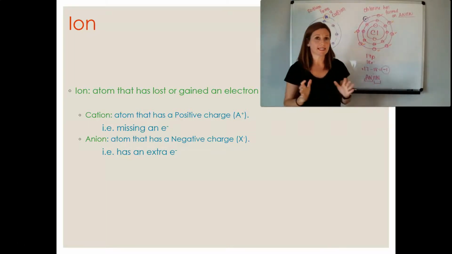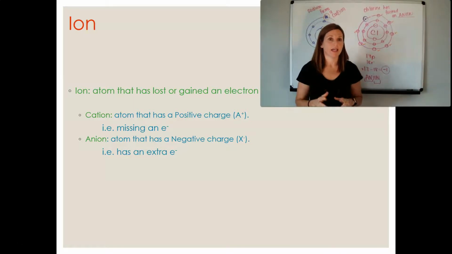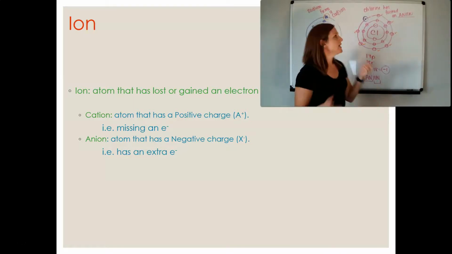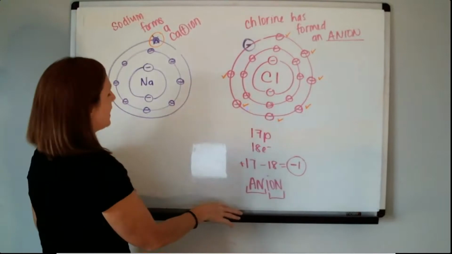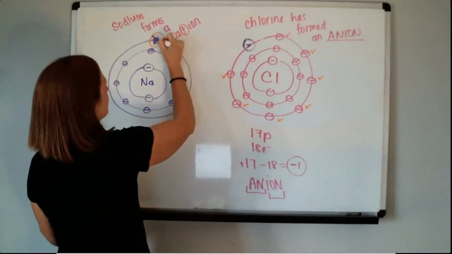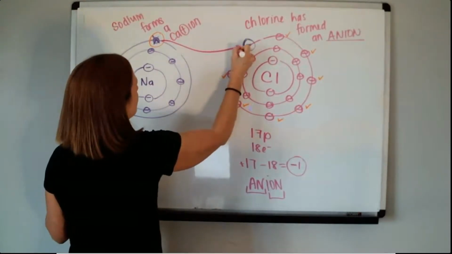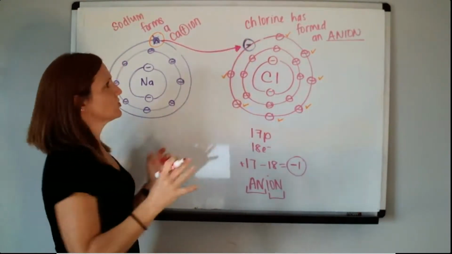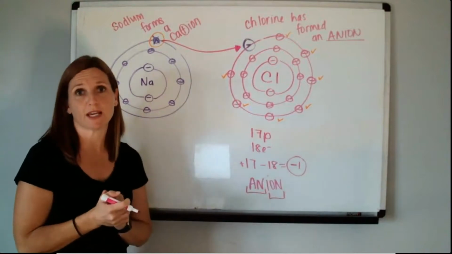So what we're going to see very often in something called ionic bonds is that sodium is actually going to transfer or give this electron to chlorine, and this becomes like a win-win.